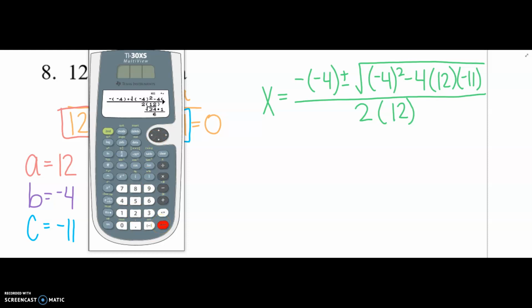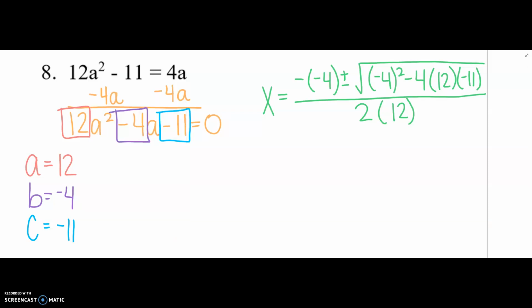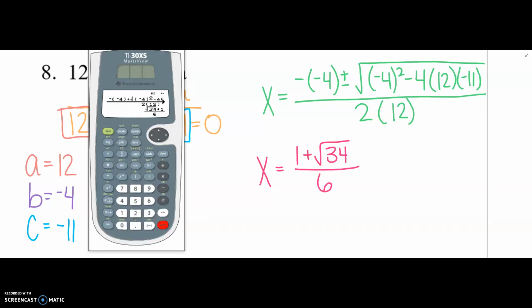Press enter, and this gives me the square root of 34 plus 1 over 6. Same thing as before, I'm just going to reverse it to where it's 1 plus the square root of 34 over 6. Just reverse that constant number and my square rooted number so that we don't get them confused.